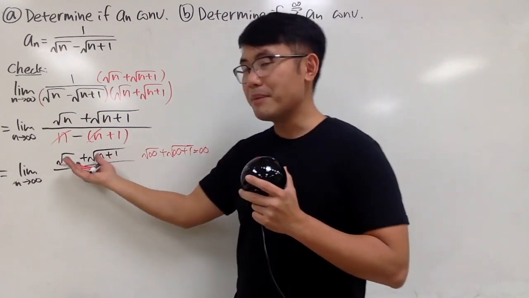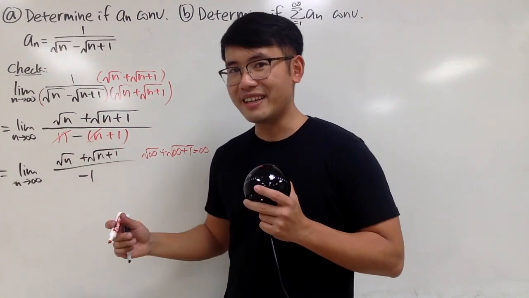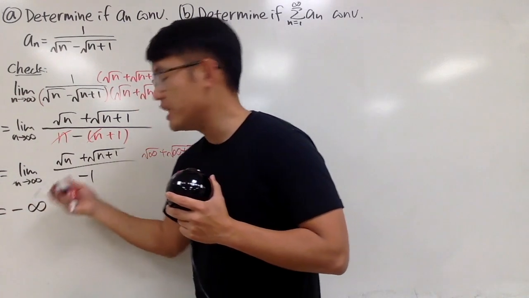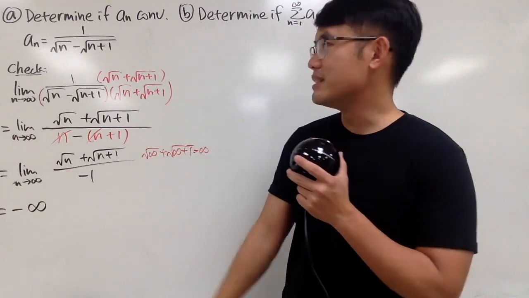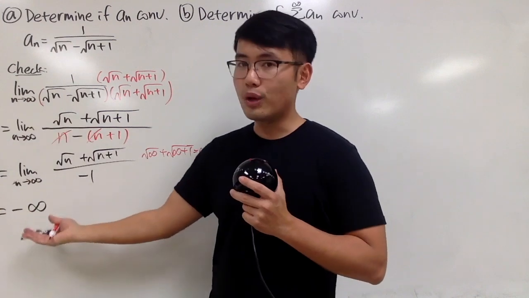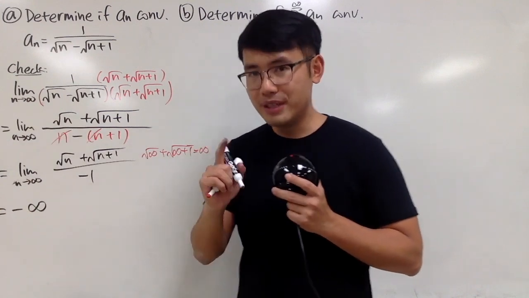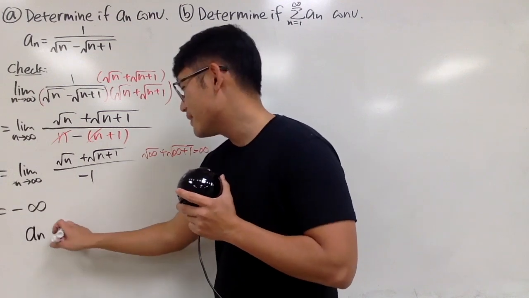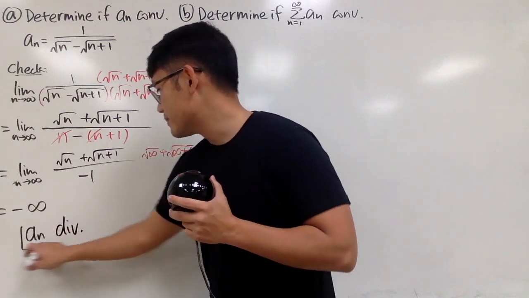Therefore, on the top is infinity over negative 1. So all in all, this right here is equal to negative infinity. And as you can see, an, when you take the limit, we don't have a finite value for the limit. Therefore, an does not converge. And we just say an diverges.